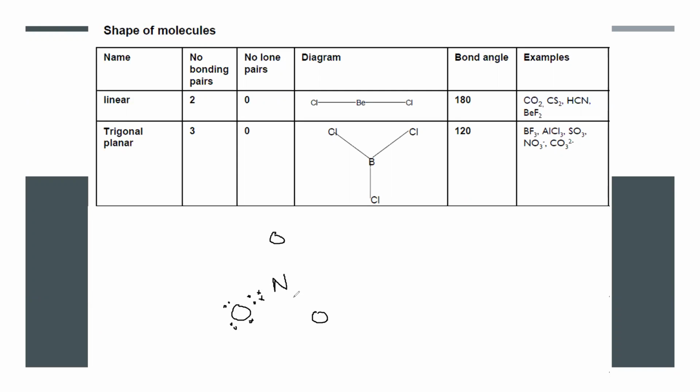So one is left, that will share with the other one. Because nitrogen belongs to group 5 and 3 it shares, the remaining are 2.